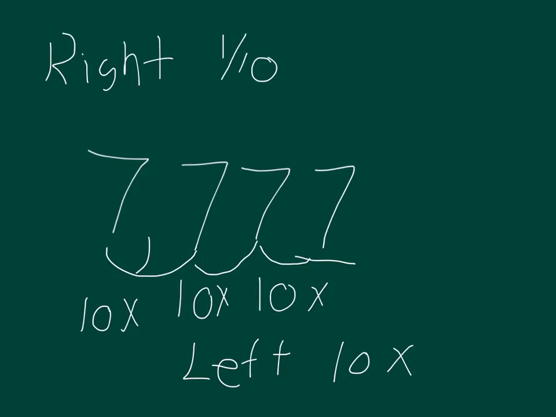So 1/10 of 1,000 would be 100. 1/10 of 100 would be 10, and 1/10 of 10 would just be 1. So when we're looking at a number based on the left or right of the placement, any number to the left would be essentially, in this case, 10 times its value. Anything going to the right would be 1/10 of that same value.